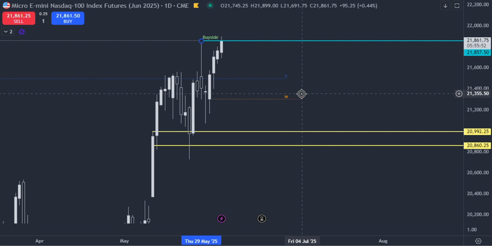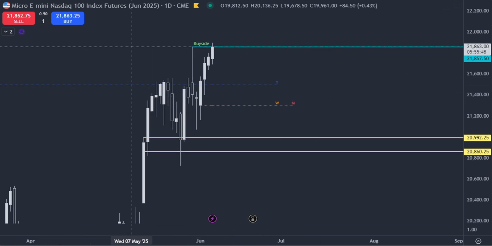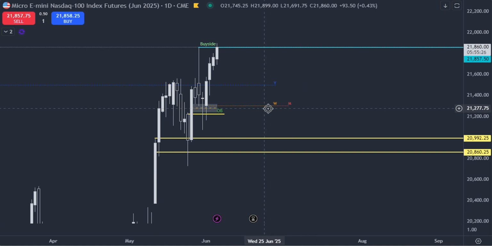That's why I labeled it as buy side. On the daily, we're looking for this fair value gap right here, or on the daily, we're looking at this daily order block, right?